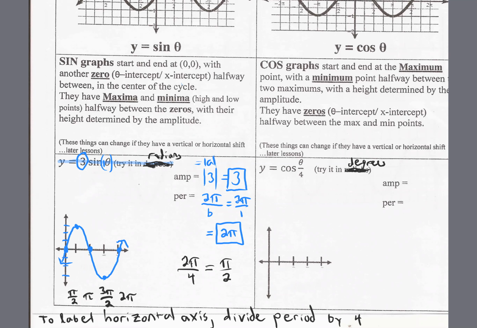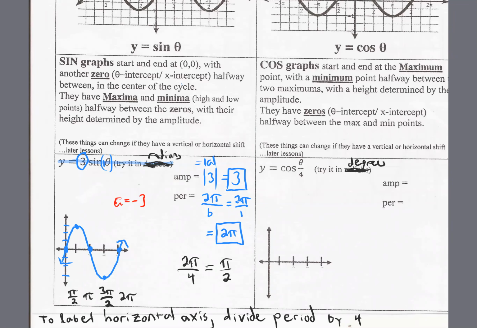Sometimes you'll have to do more than one cycle. We'll talk about that. Mr. Morrison, good morning, I hope you're doing well. But what if A was negative? If A was negative, then it's going to go down instead of up. Don't draw this, but if A was negative 3, it's going to be a reflection on the x-axis, or the theta axis.